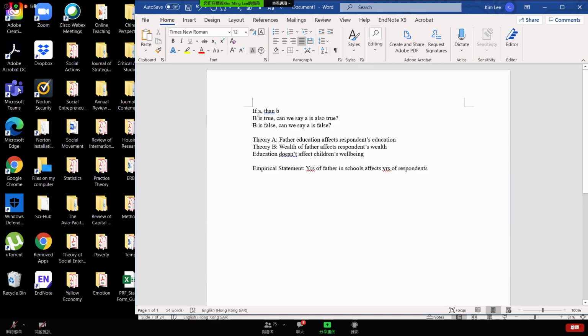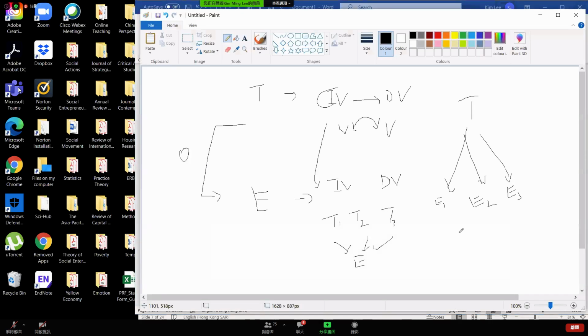But if B is false, we can say that A is false. In other words, if we find out that the empirical statement is false, then we can say that the theory is wrong. But if we find out that the empirical statement is true, we cannot say that the theory is true. We cannot say that. Okay?